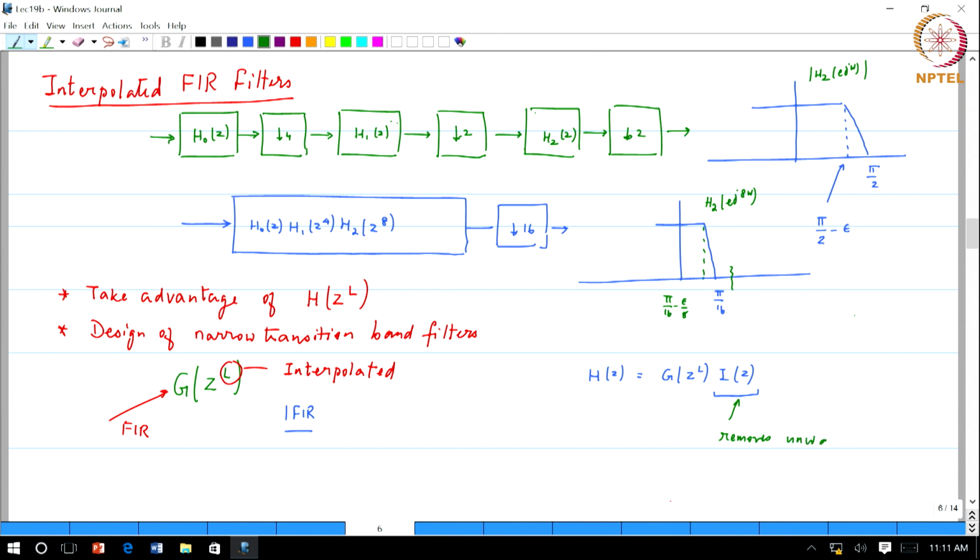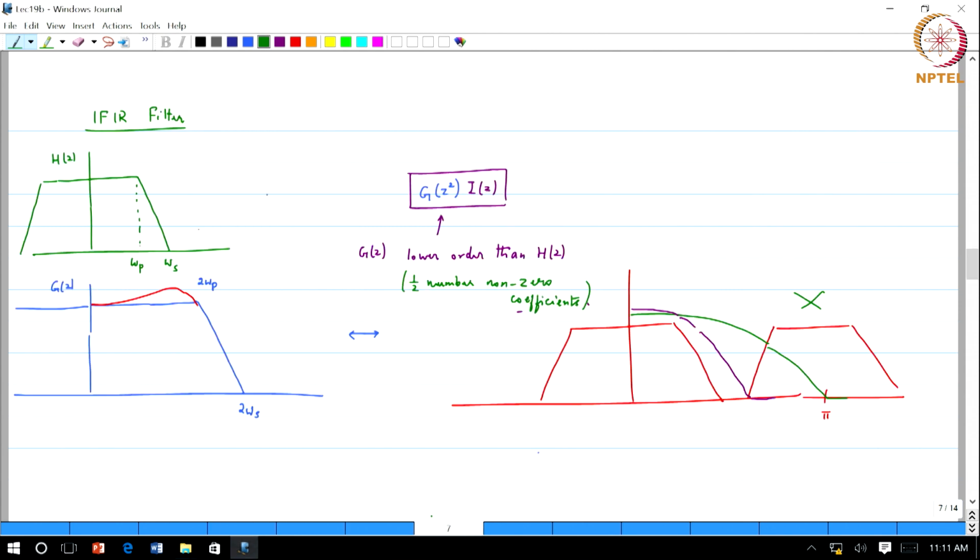Okay. So, maybe it is good to reinforce this with a quick example.